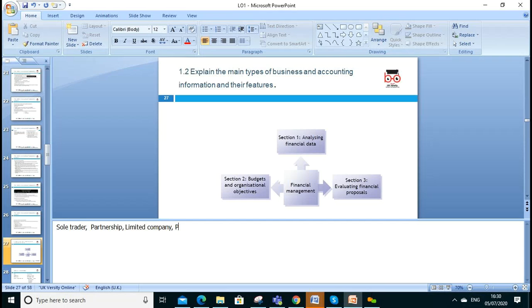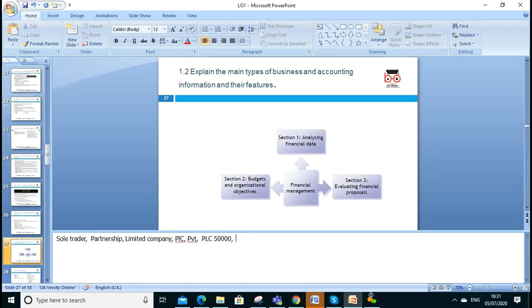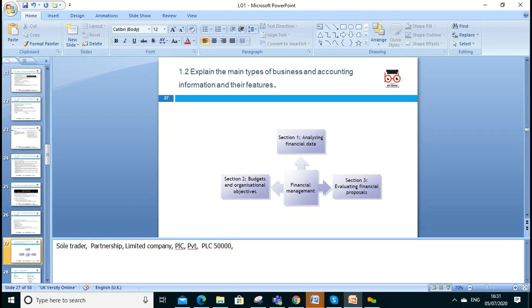It can be private limited or public limited, PLC or PVT. If you want to register as a PLC company, you need an initial investment of £50,000. Then you can register on the stock exchange and issue shares. Otherwise you can't go public. There is a lot of legislation involved.